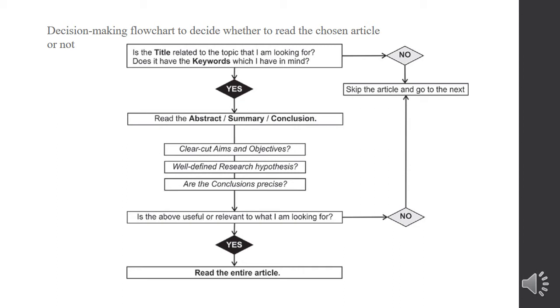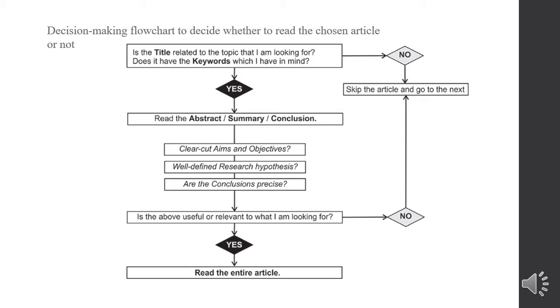Well, here is a decision-making flowchart to decide whether to read the chosen article or not. Sometimes, as a student, you download many journals, but how do you know if the journal that you read is the right one for your reference, for your purpose? So, there is a flowchart here that can help you decide whether the chosen article is good for you or not.